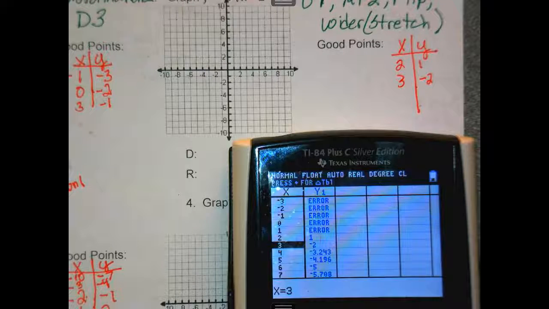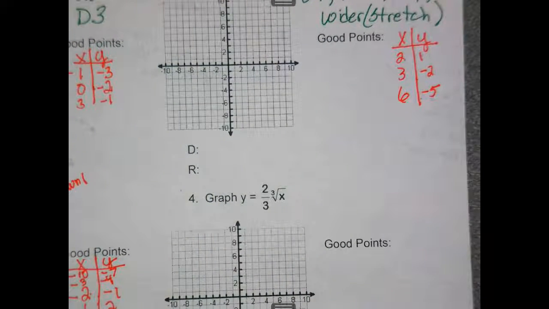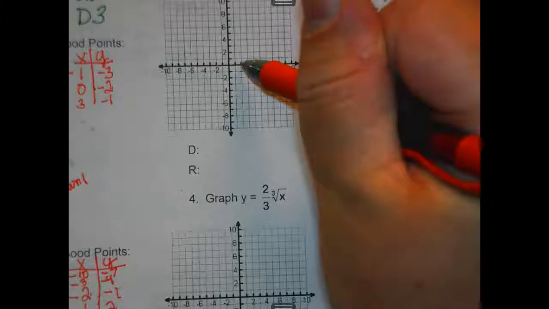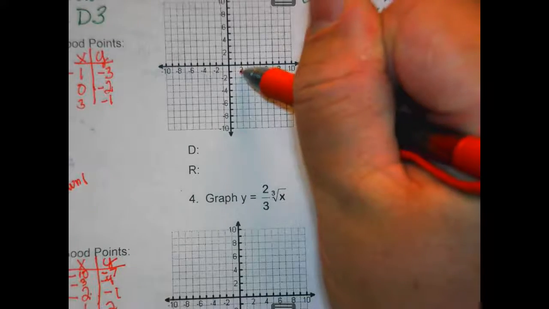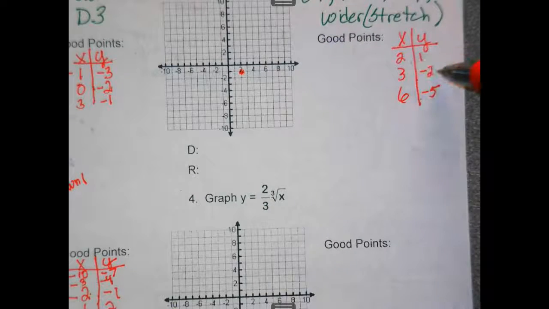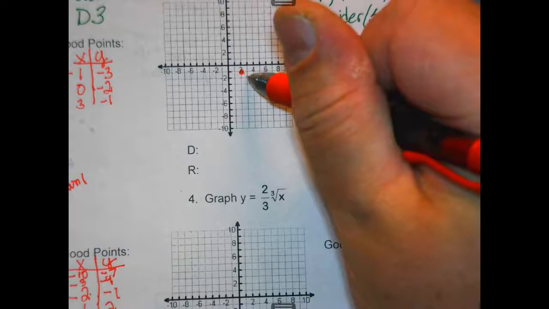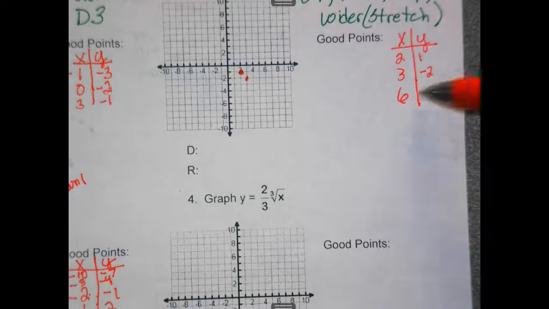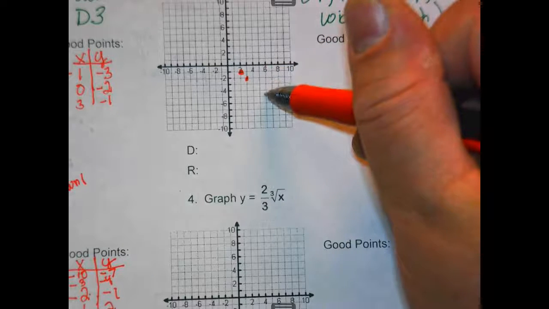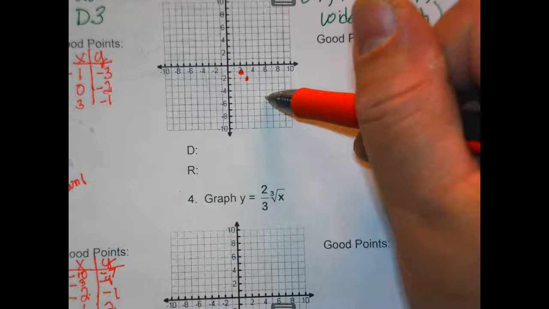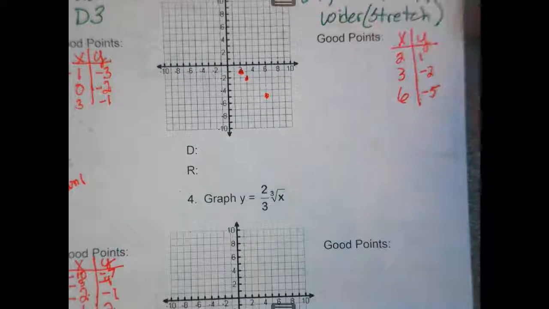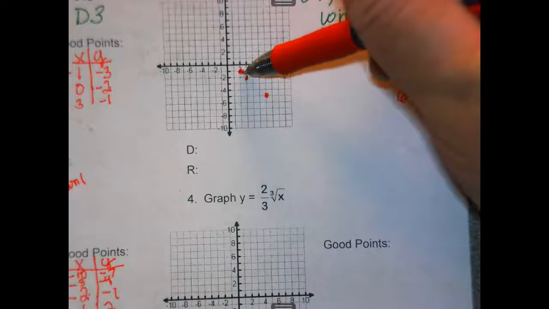Next one, 6, -5. Let's try it with these. 2, 1. 3, -2. 6, -5. Starts at 2, 1.